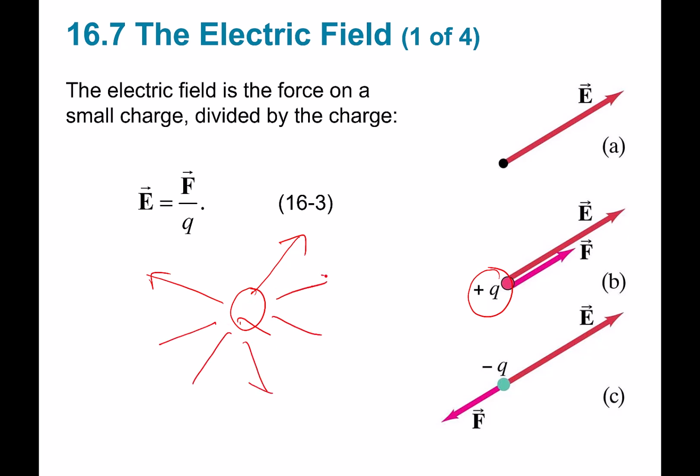And if I put the small charge somewhere here, this small tiny charge will experience some kind of effect due to this big charge. So I could move it to several places, maybe over here, and this charge will experience different forces at different distances.